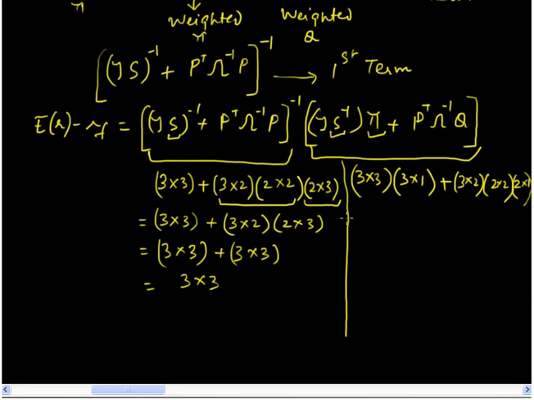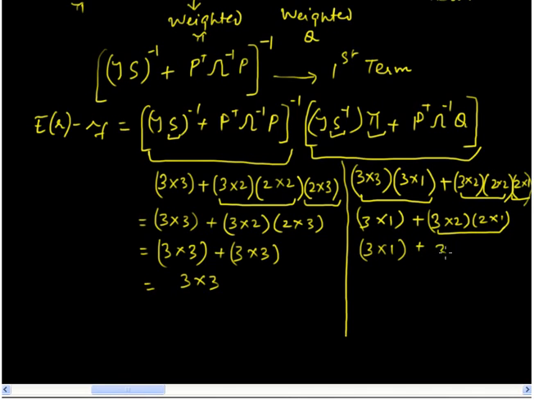Okay, so if we multiply out these two matrices, we have a 3 by 1 vector, plus if we multiply out these two, we have a 3 by 2 matrix and this one here 2 by 1, which gives another 3 by 1 vector.